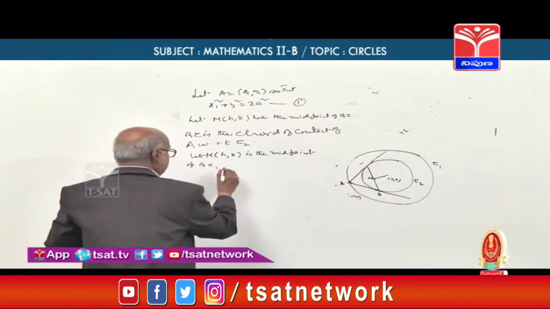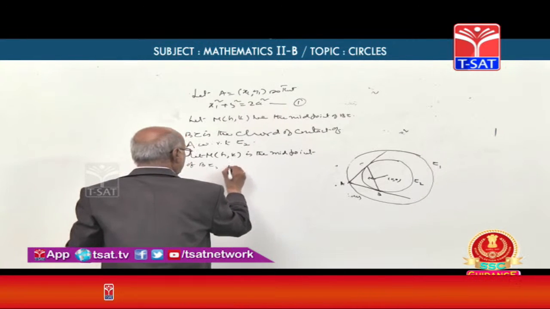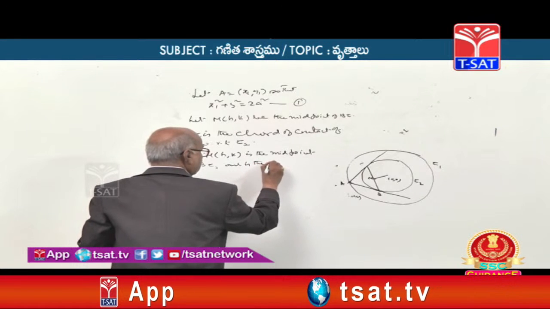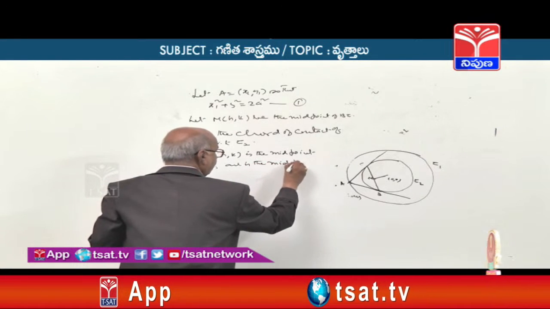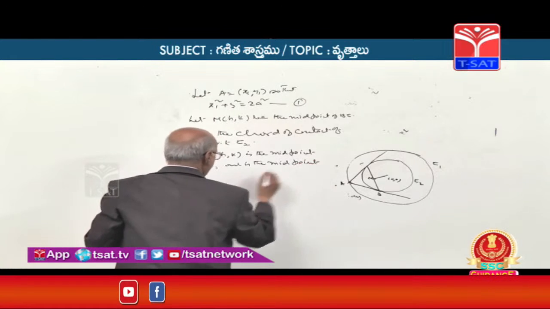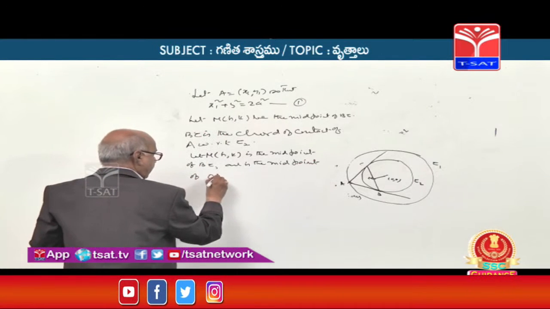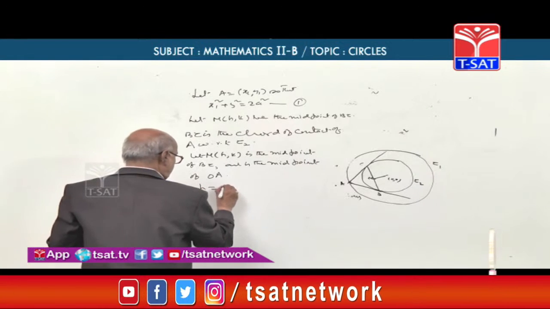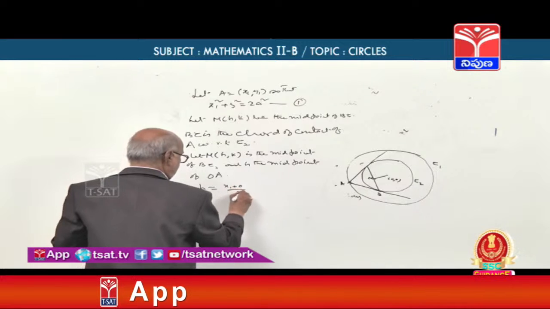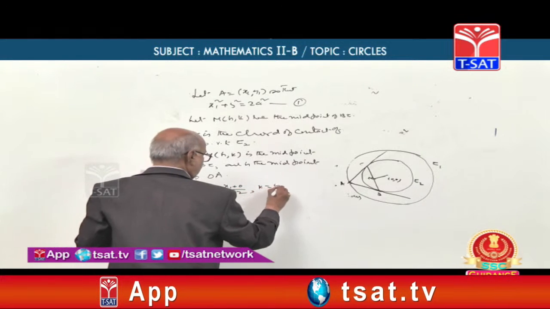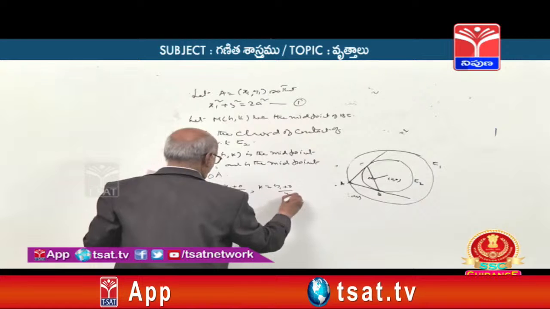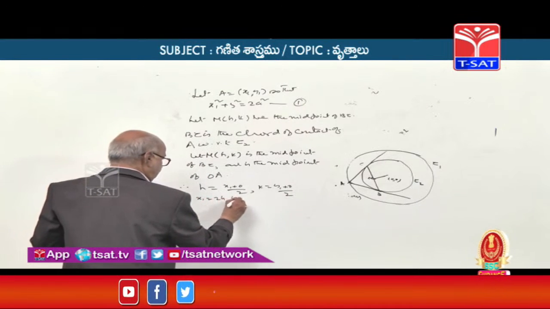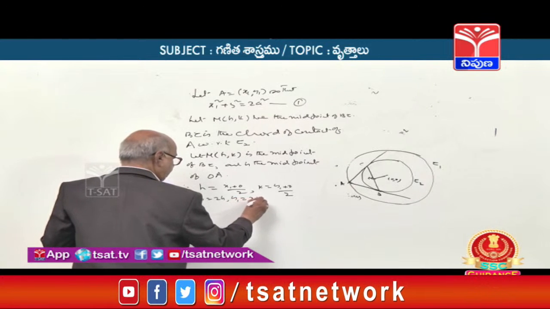M(h, k) is the midpoint of BC, and it is also the midpoint of OA. So, therefore, h is equal to (x1 plus 0) by 2 and k is equal to (y1 plus 0) by 2, or that is x1 is equal to 2h and y1 is equal to 2k.